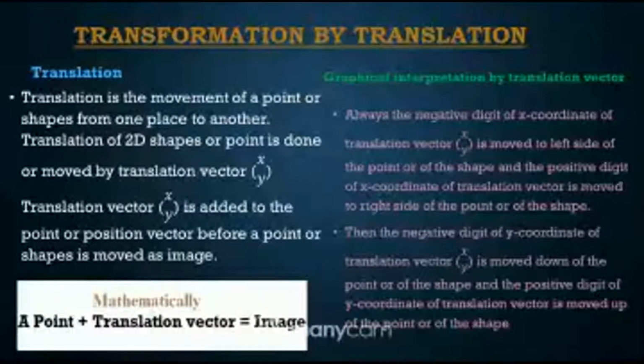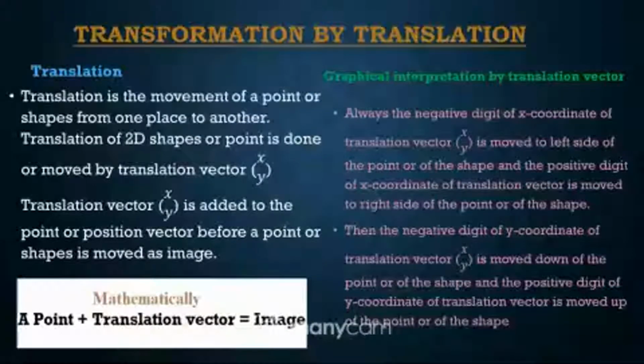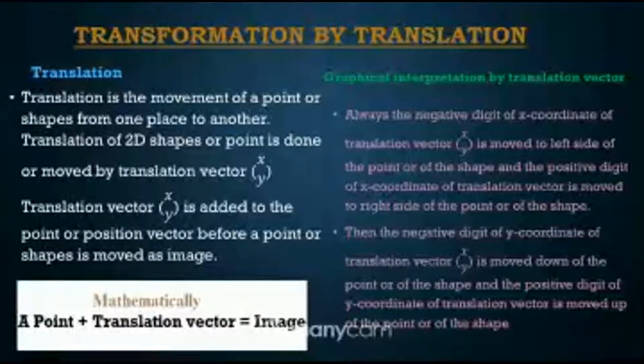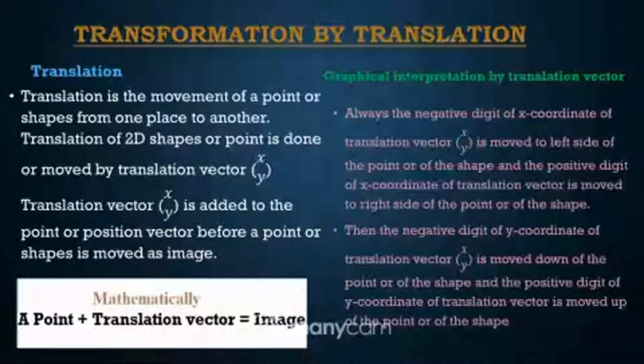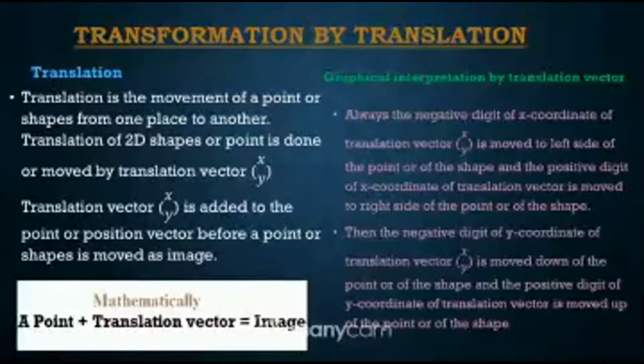This is how we are going to do it: we have the graphical interpretation and then the formula. Mathematically, we find the image by applying the translation vector to a point, and the vector will give you the image.